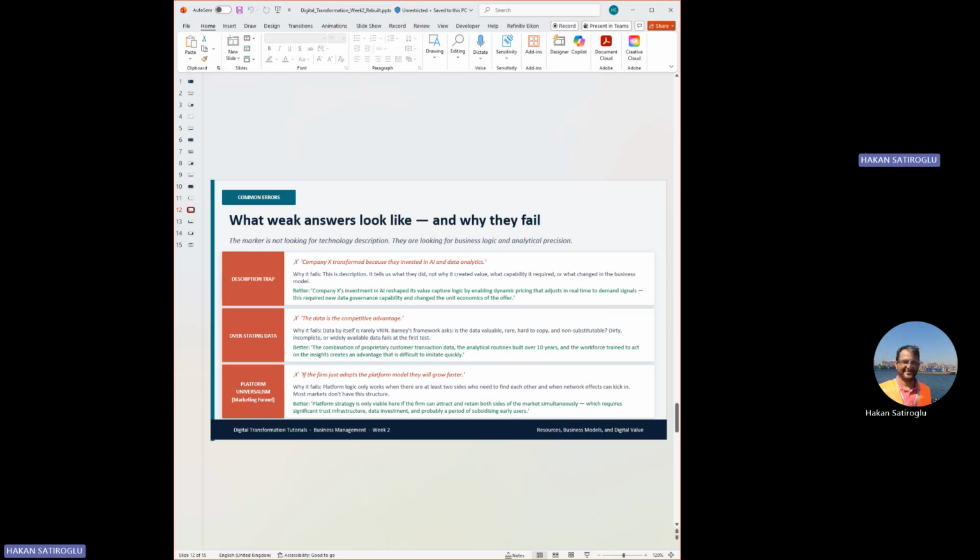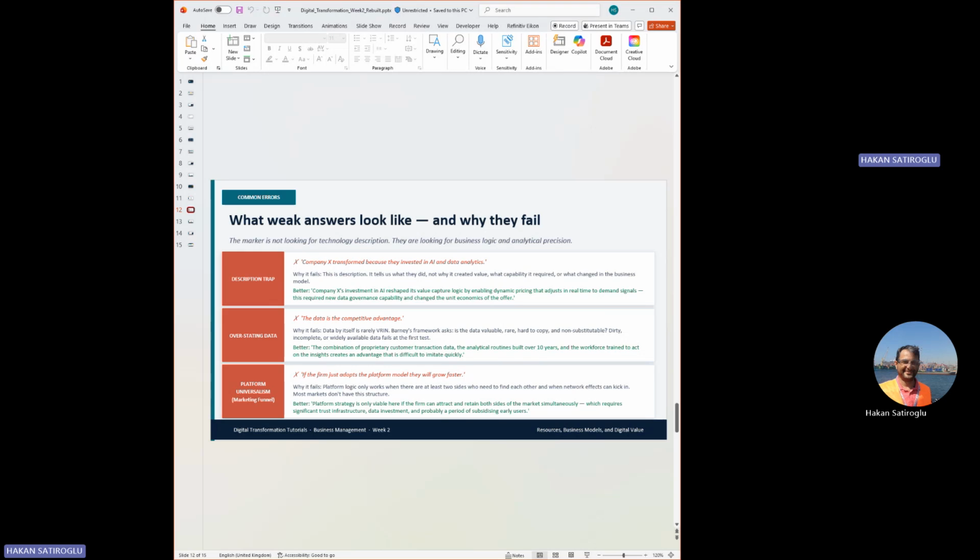Maybe you can say Sainsbury's is doing the same, but I picked Tesco. Technology matters for Tesco, but what really matters is how it changed the business model.